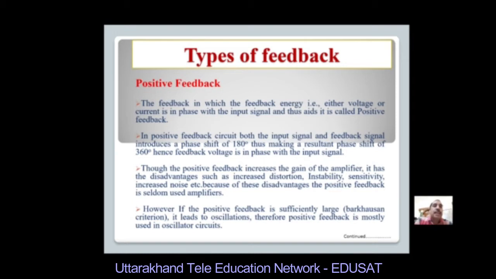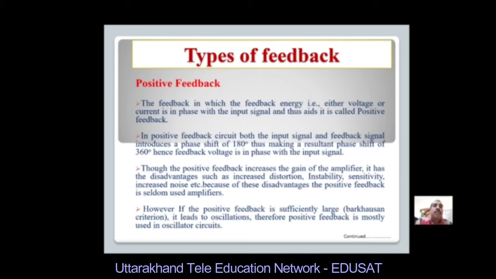As the feedback voltage is in the same phase, the positive feedback increases the gain of the amplifier. This is the main advantage of positive feedback. However, there are many disadvantages such as increased distortion, instability, sensitivity, increased noise, etc., because of which positive feedback is generally not used in amplifiers.